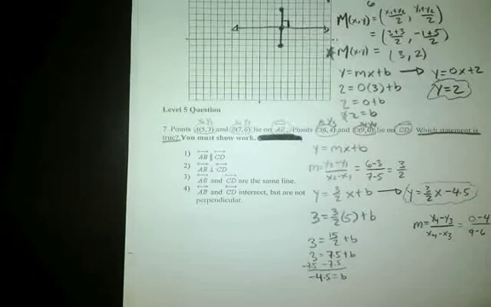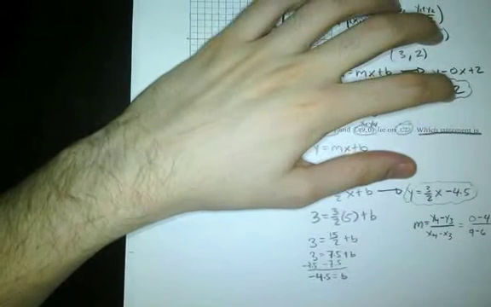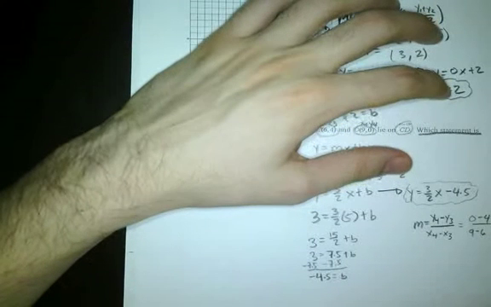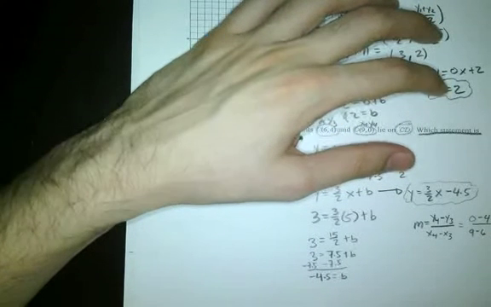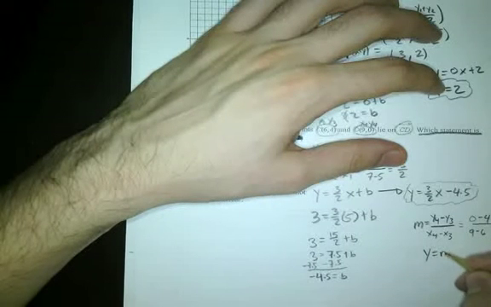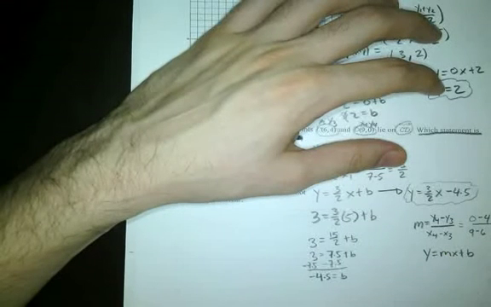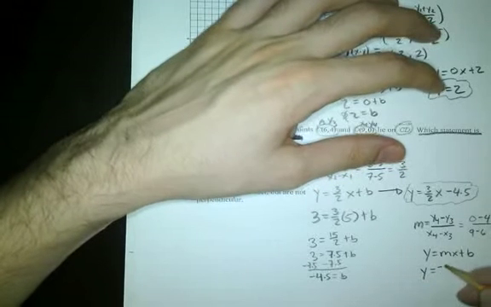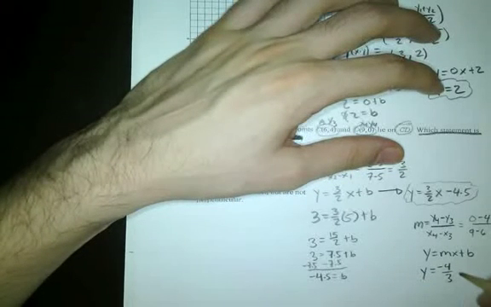This gives me negative 4 over 3. So now I'm going to write y equals mx plus b. I know that the slope of this line is negative 4 over 3, so y equals negative 4 over 3x plus b.